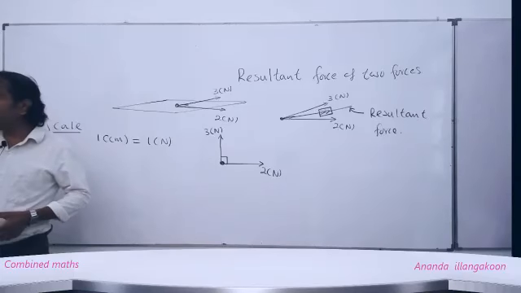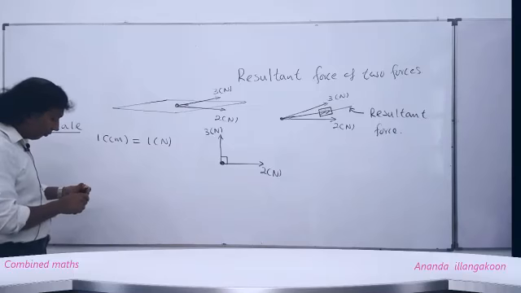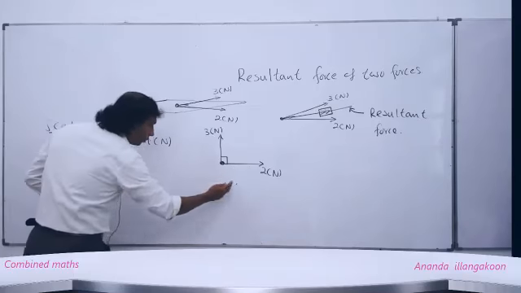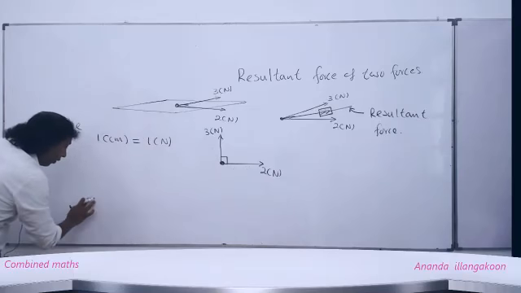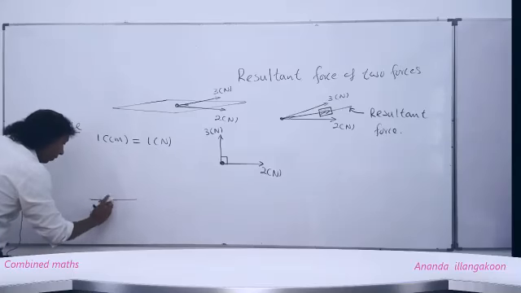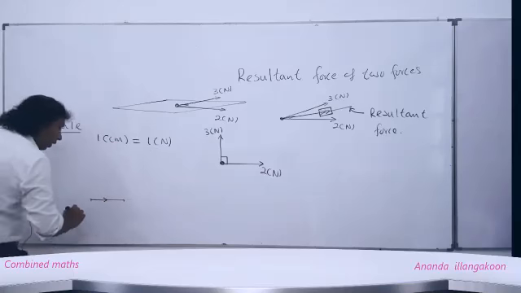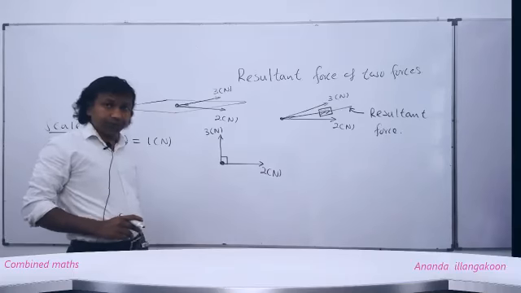Now using that scale, what we do is this, people. To represent this 2 Newton force, we have to draw a line segment according to the scale, a 2 centimeter long line segment. Then according to this scale, this line segment represents the 2 Newton force.